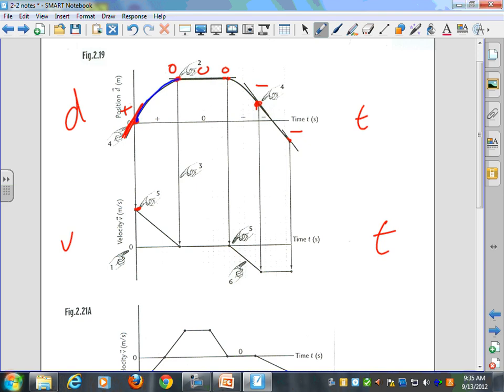Slope approaching 0. The graph then has to approach 0, right? We're talking about the slope of this one giving us the value of this one, right? Slope is positive, approaching 0. Value is positive, approaching 0. Here the slope is a constant 0. So the value of my graph has to be constant 0.